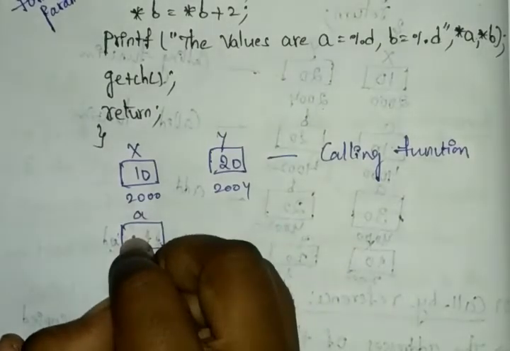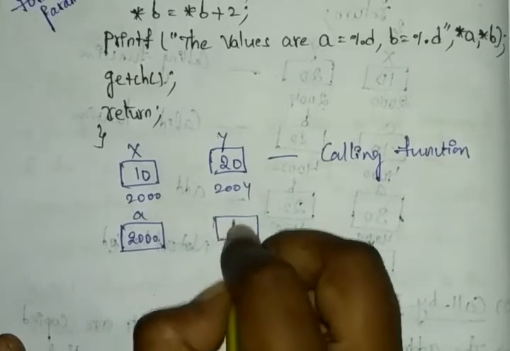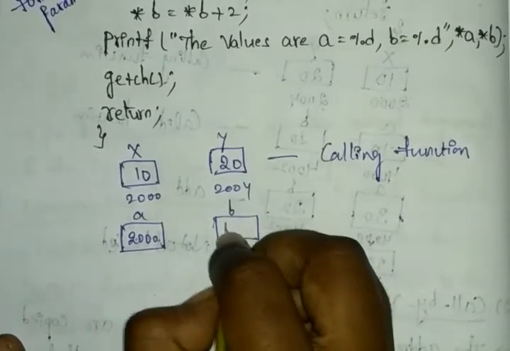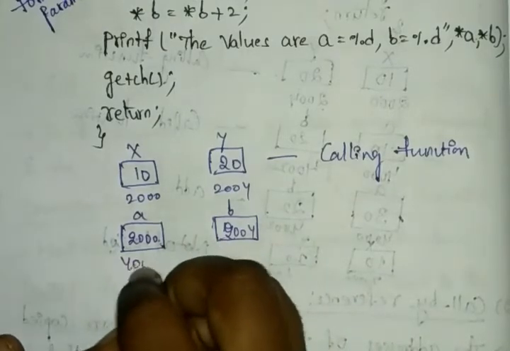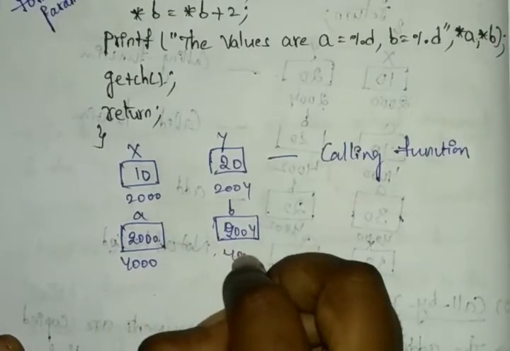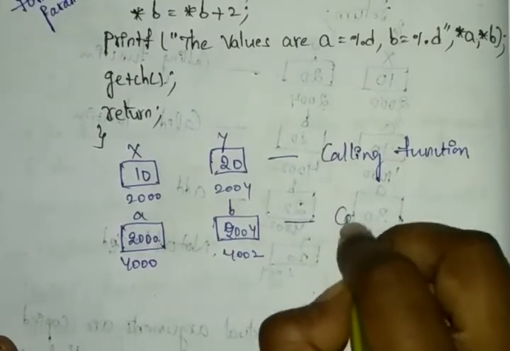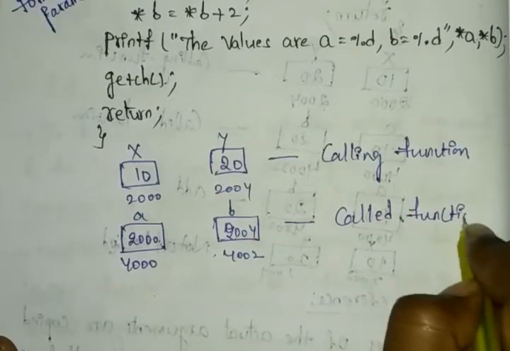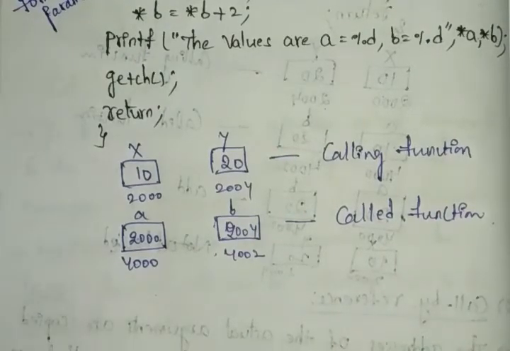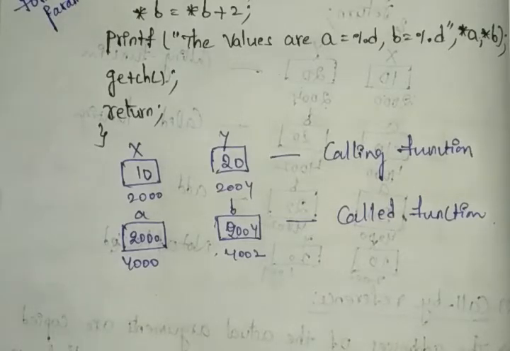A will have 2000, B will have 2004, and the address is 4000 and the address is 4002. So this is our called function. Here the formal parameters are called by the addresses of the calling function.